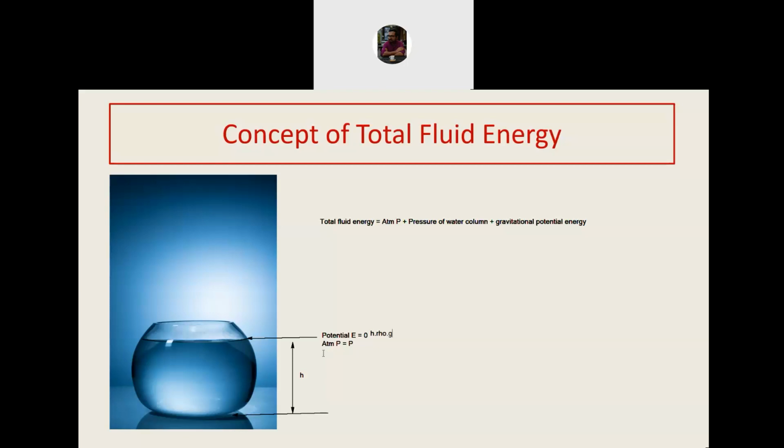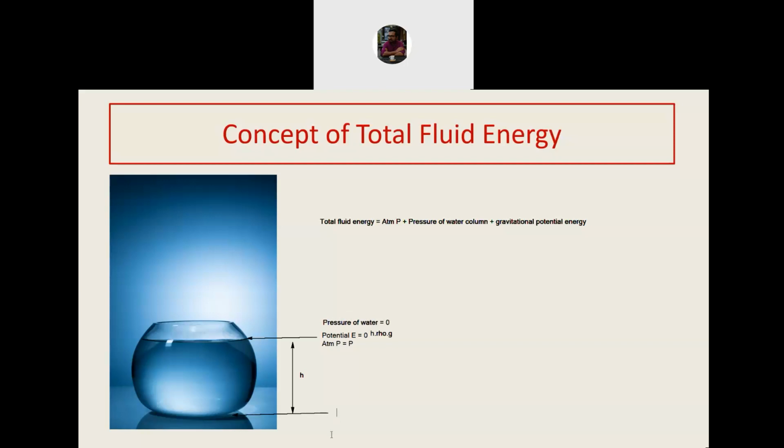Atmospheric pressure is P, and for this particular height, the pressure of the water column is 0, because the height is 0.